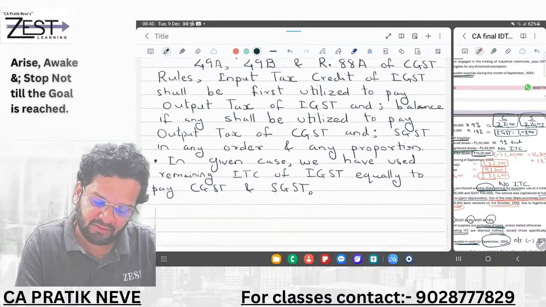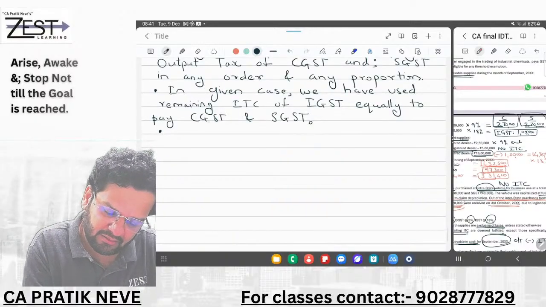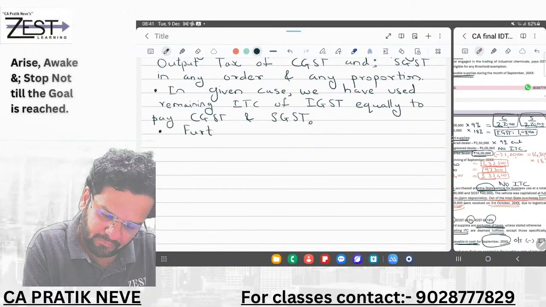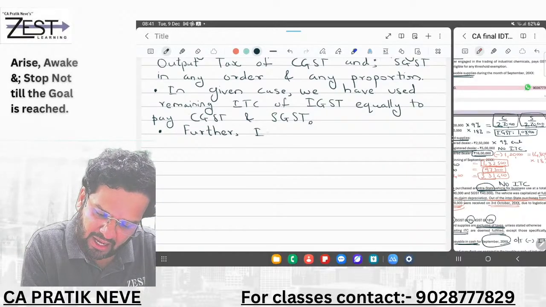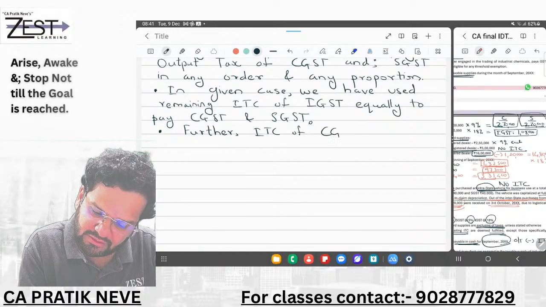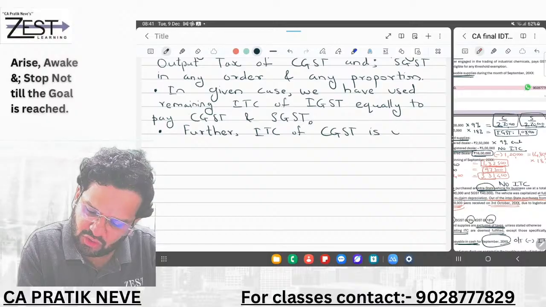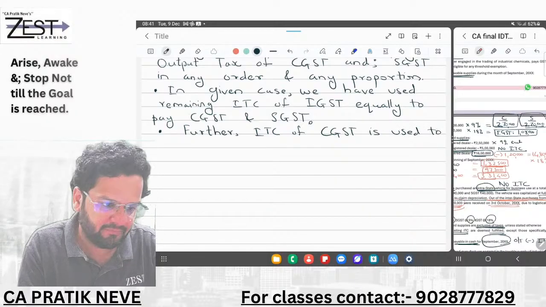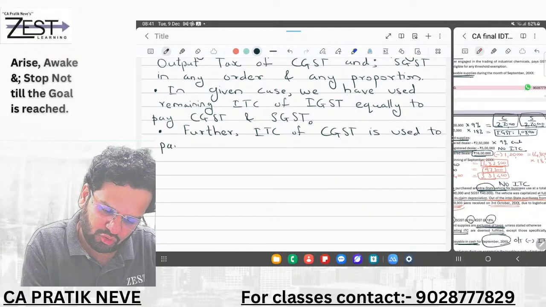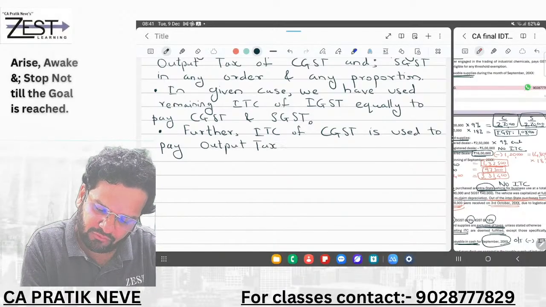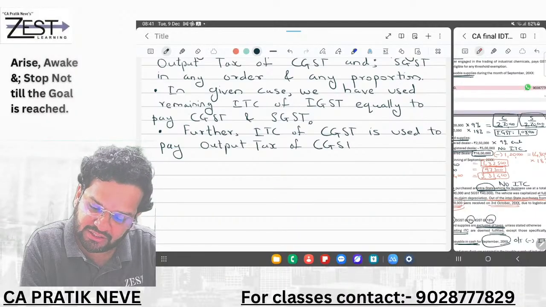Then the next note will be: further, ITC of CGST is used to pay output tax of CGST.